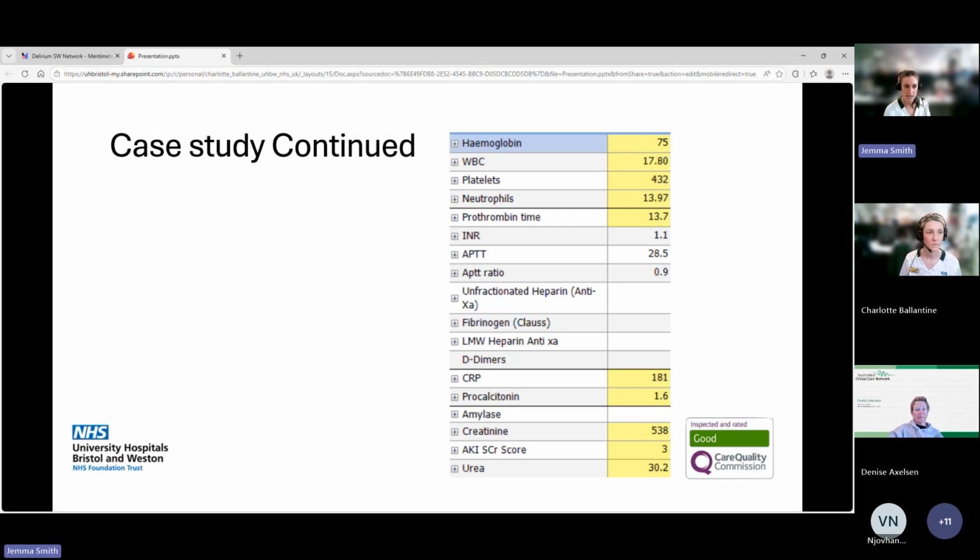Looking at these bloods, thinking about your biochemistry stuff, your ATE risk assessment, what are your immediate concerns, worries, red flags? What are you thinking we might do with this chap?